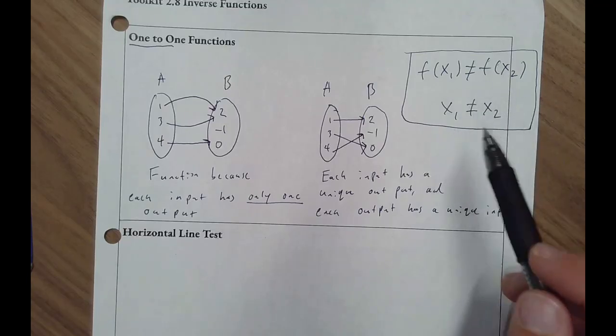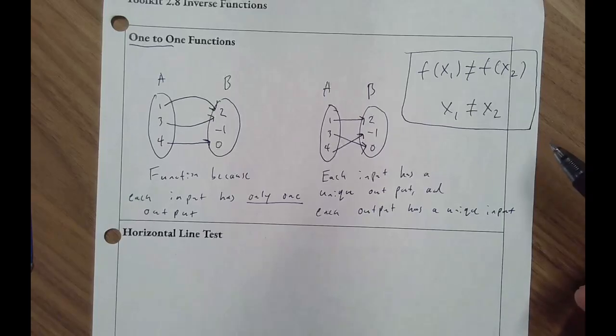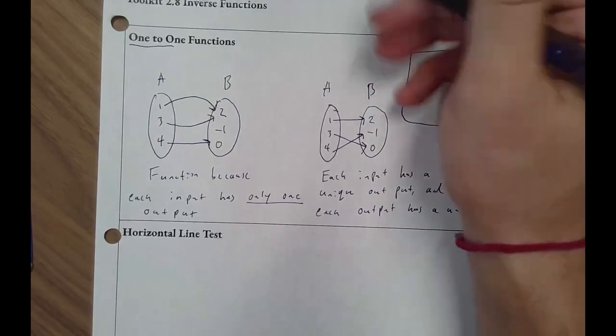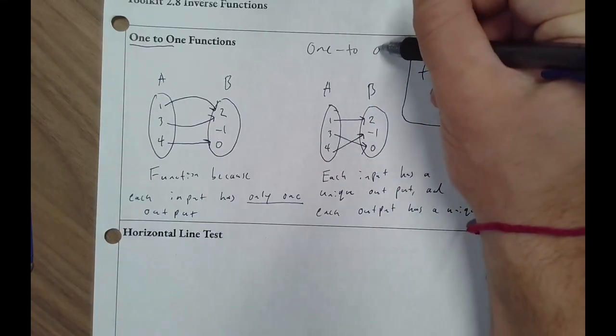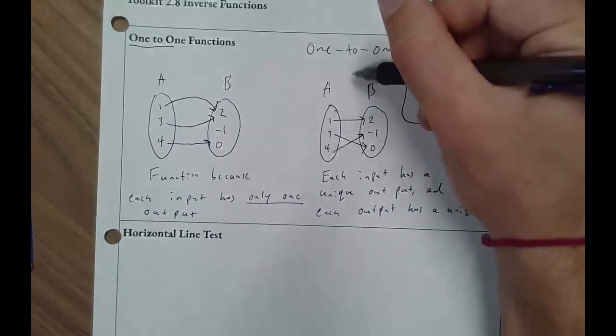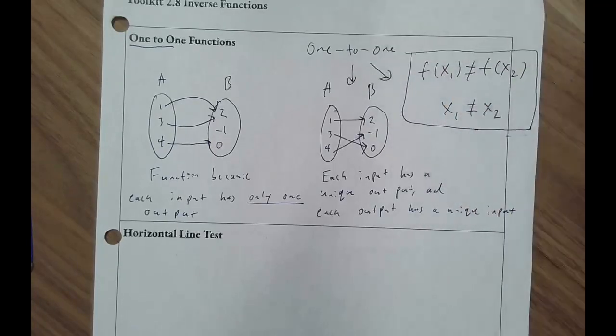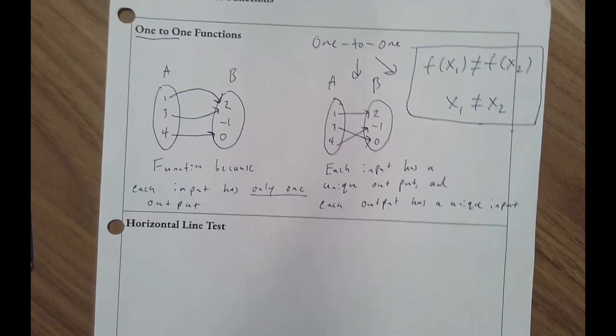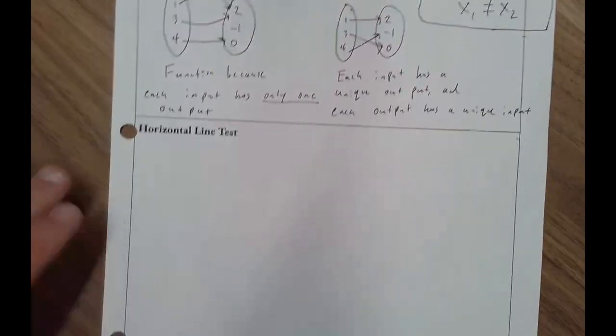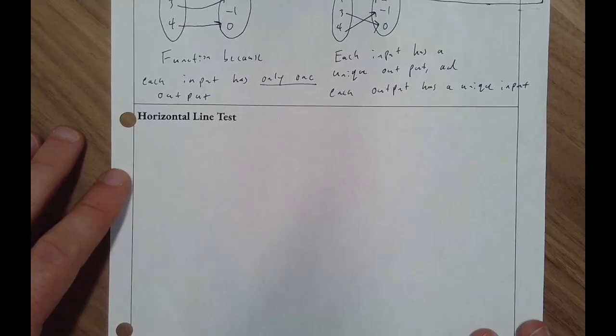Okay? No two inputs can have the same output. It's that easy. No two inputs can have the same output. Okay, so this is what it means to be one-to-one. All right, so let's look at how we test for this.